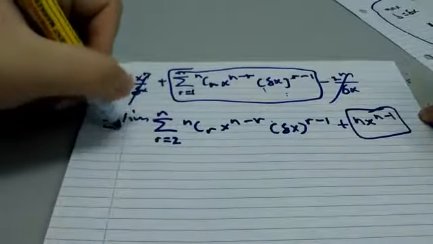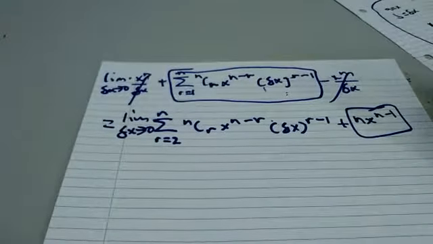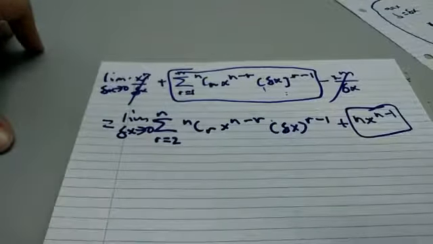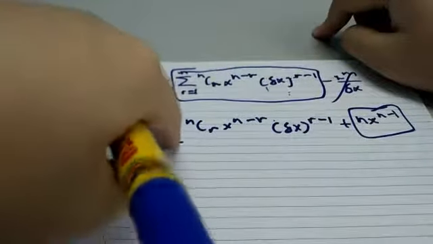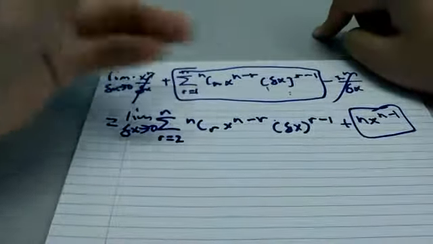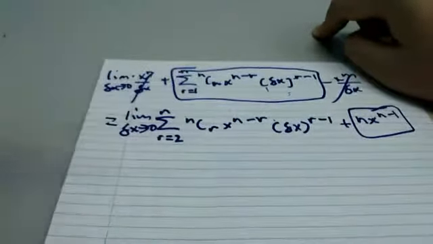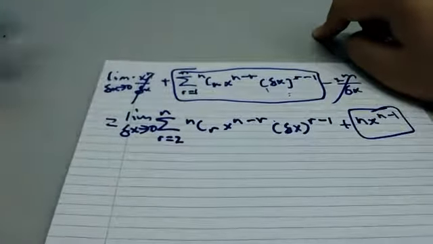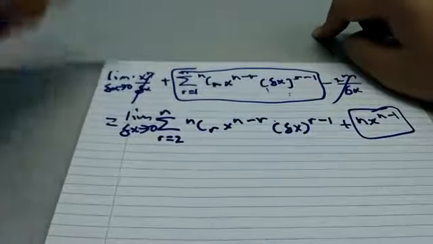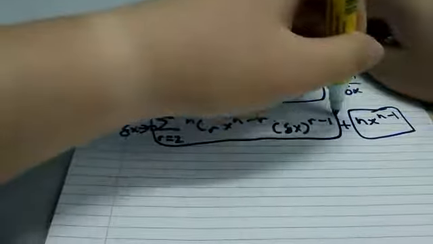And of course I always forget the delta x approaches 0, because the definition of derivative needs a limit. And now can I straight away plug in 0? Yes, you can, because when r is equal to 2, then 2 minus 1 is 1, and 0 to the power of 1 is 0, and when r is equal to 3, 3 minus 1 is 2, so plug in 0, you also get 0, which means that you can legitimately plug 0 into this.